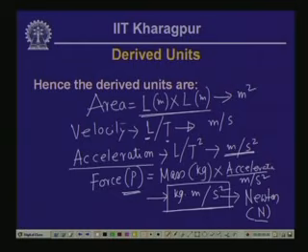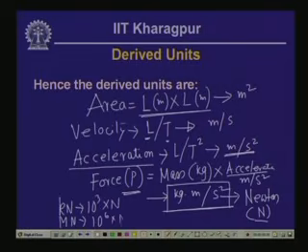Now, for higher values we use different parameters. We can call this kilonewton, which is 10 to the power 3 times Newton. We define meganewton, which is 10 to the power 6 times Newton.